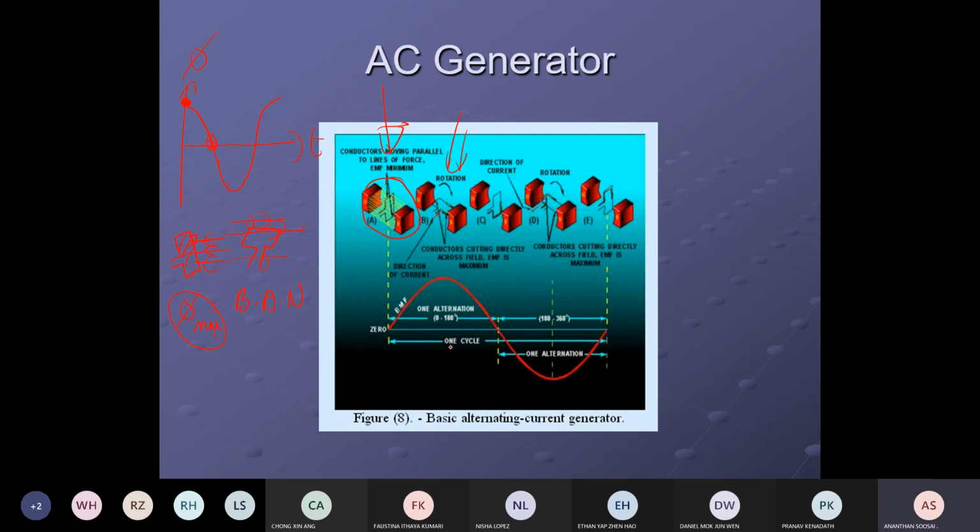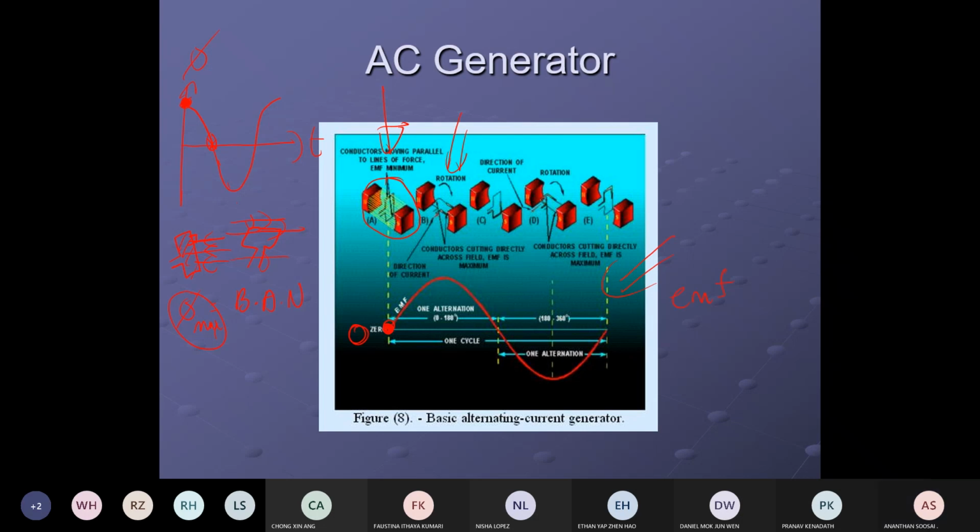You see the diagram here, but this graph is the EMF induced. Flux is maximum when the coil is vertical, but the EMF generated is how much? The EMF generated is zero.